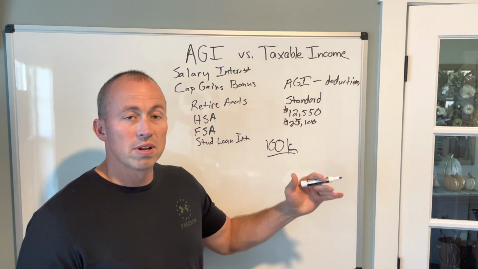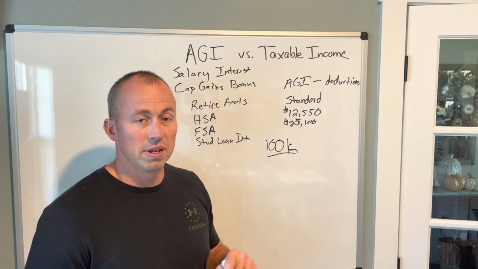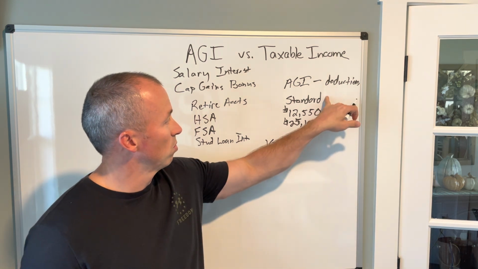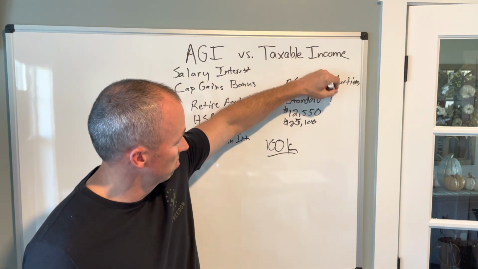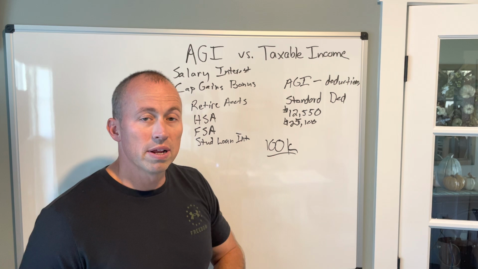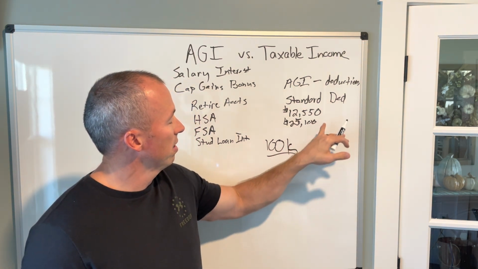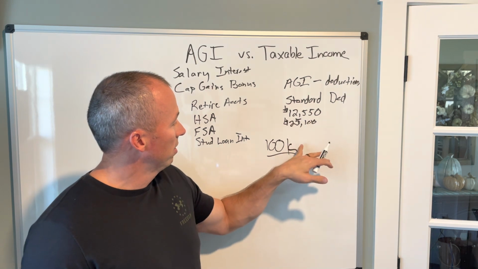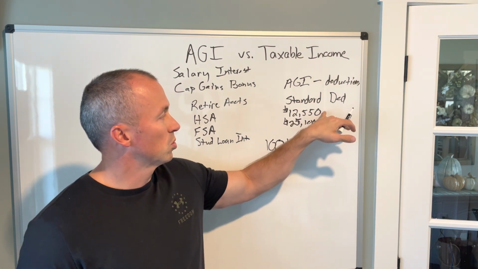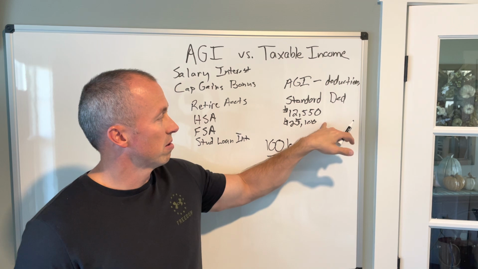Then there are two different ways of getting to your taxable income. You're either going to take what's called the standard deduction, or you're going to itemize, okay? Standard deduction is really simple, okay? You take your adjusted gross income, then you subtract your standard deduction, okay?